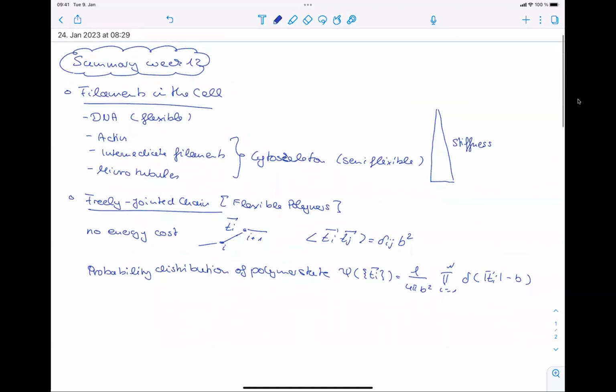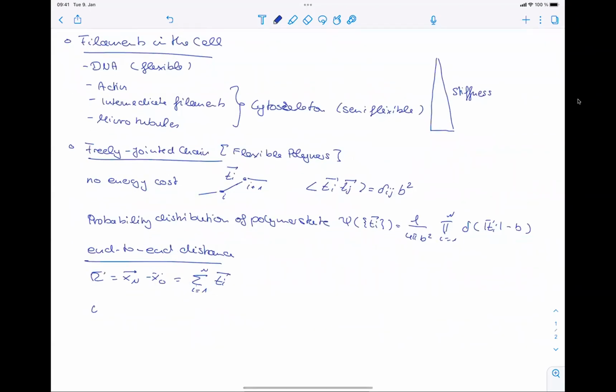And indeed, the most important observable to characterize these highly crumpled polymer states is the end-to-end distance vector, which is defined by x_N minus x_0, or equivalently the sum over all tangents.